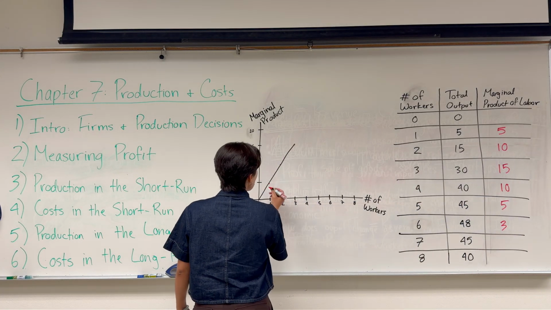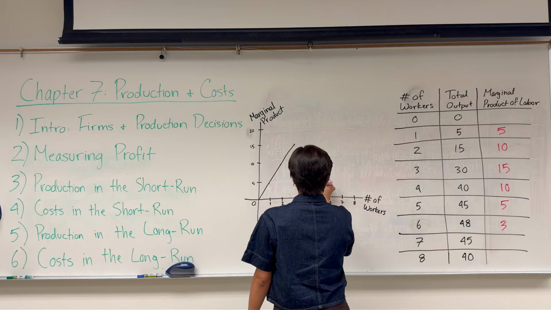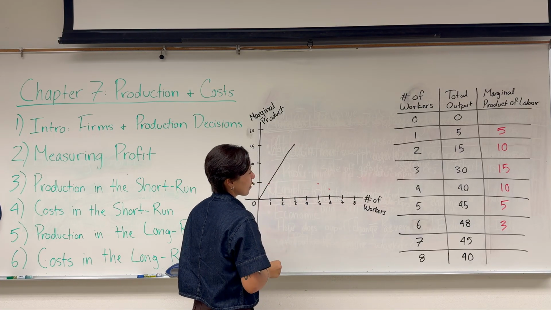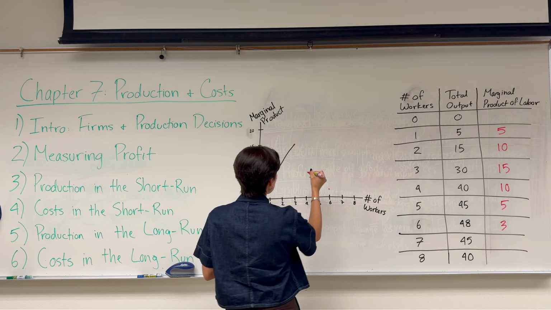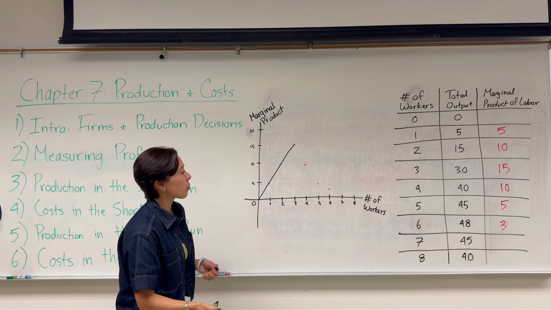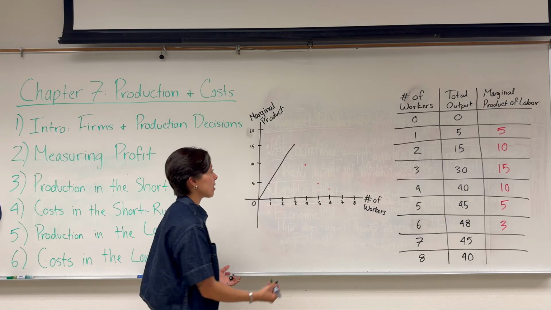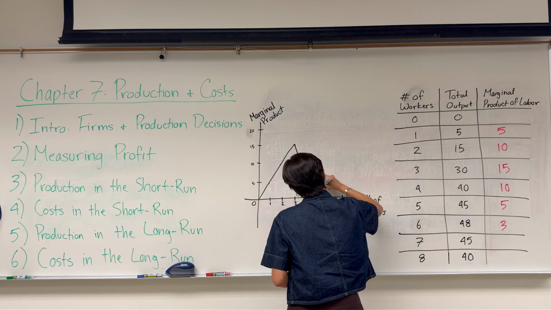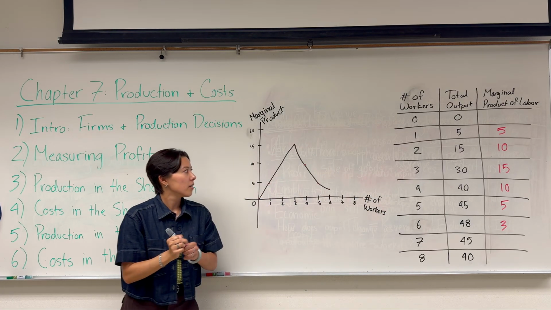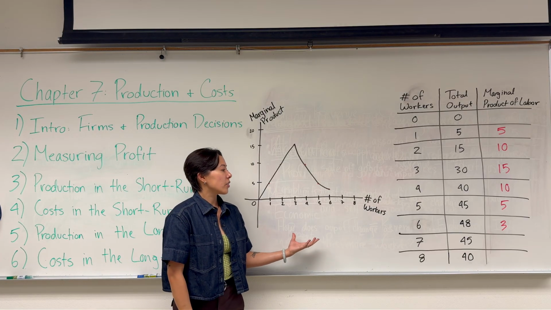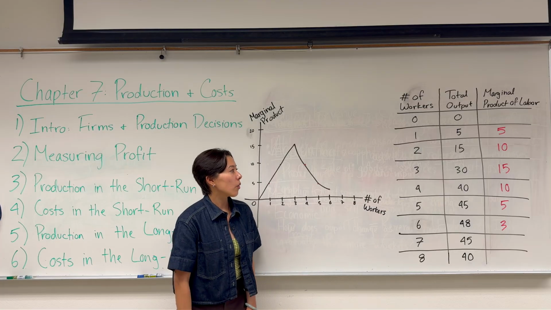So I can continue to add this information to my graph. And what I see that starts to happen here is now my marginal product of labor is starting to decline. Each additional worker is still adding positively to my total output.